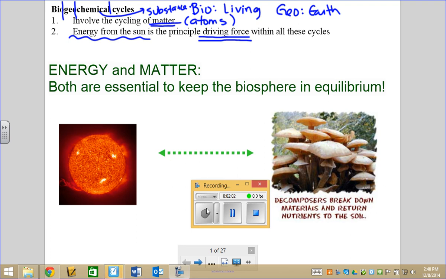Even if I had atoms and I had no energy, these cycles couldn't happen. And so the first point that I'd like to make, because we're bridging the gap here between energy, which was chapter 1, and matter, which is chapter 2, is that I have to have both. If I don't have both, there's no way I have equilibrium in the biosphere.